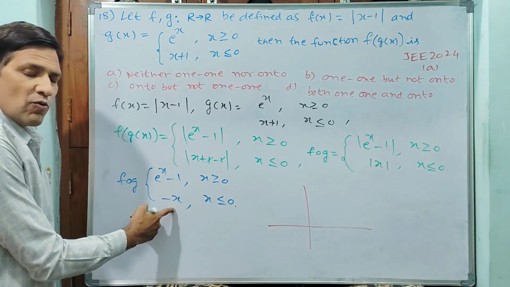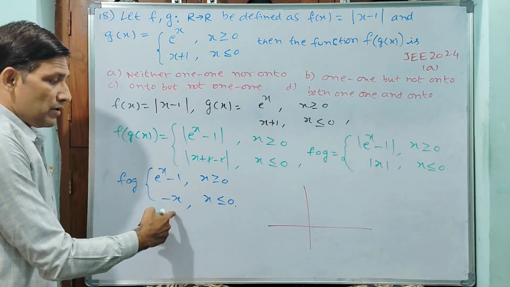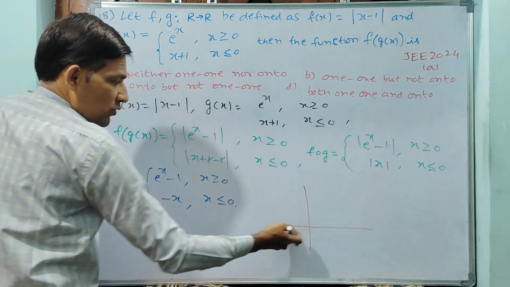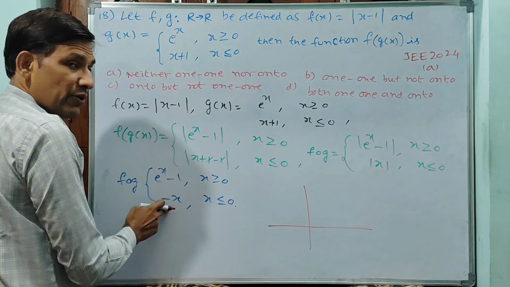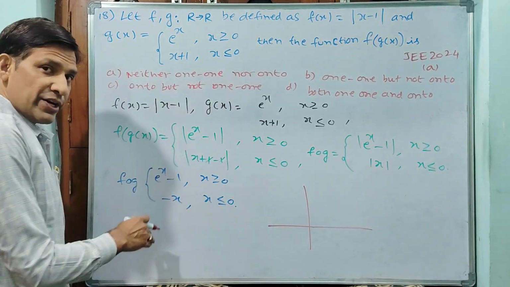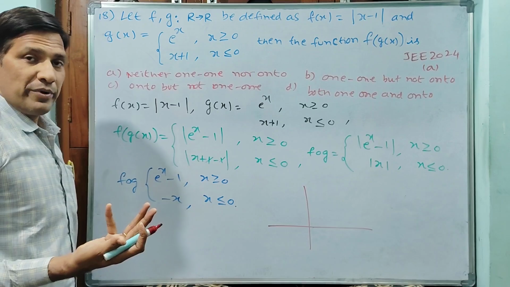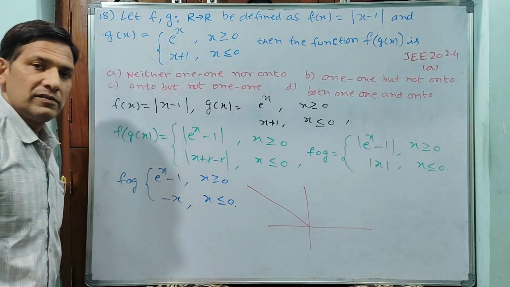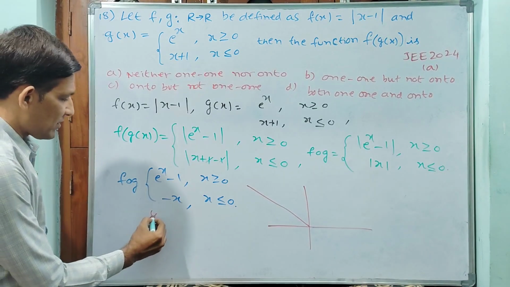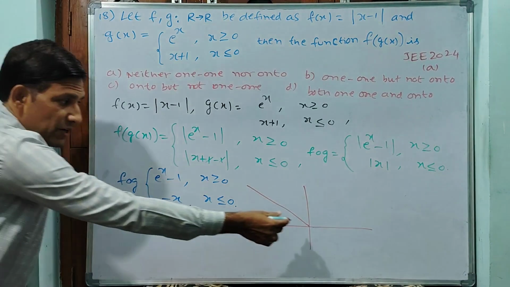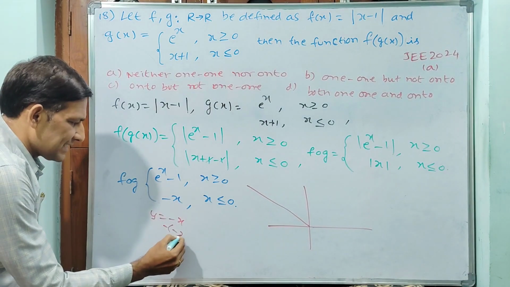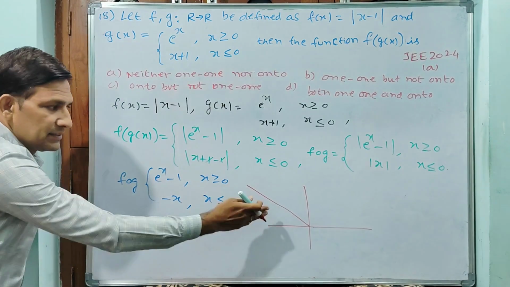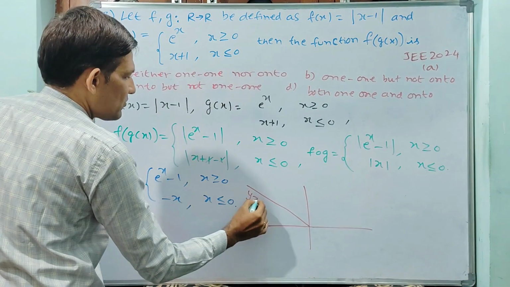If you give x as 0 or lesser, negative x is going to come, so y becomes positive. That means y is equal to minus x, but you are giving negative x only, so minus of minus x becomes positive. This side is the graph of y is equal to minus x.